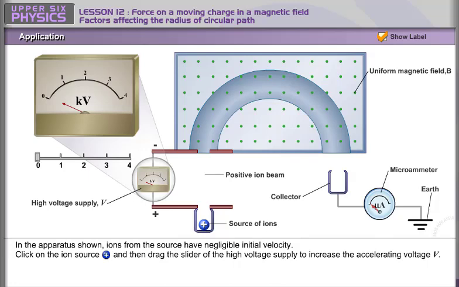In the apparatus shown, ions from the source have negligible initial velocity.